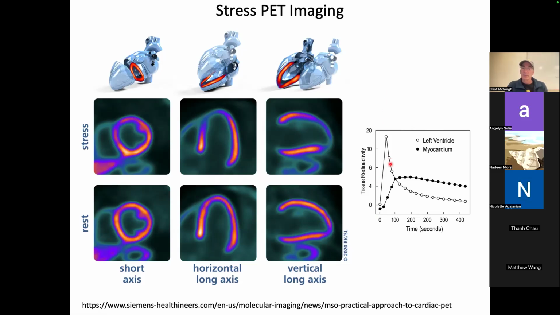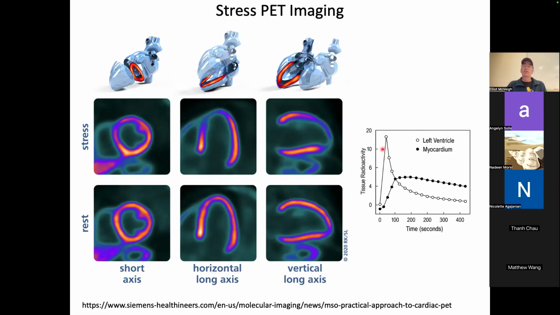But that signal is what you would call the input function for estimating the flow that goes to the myocardium. So we get brightness as a function of time with enough temporal resolution that we can actually normalize to the intensity, or the amount, of the contrast agent that was injected.